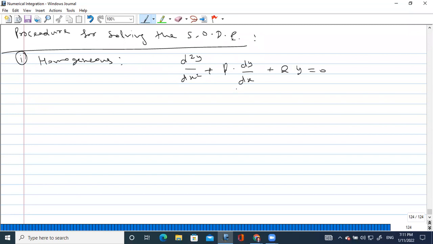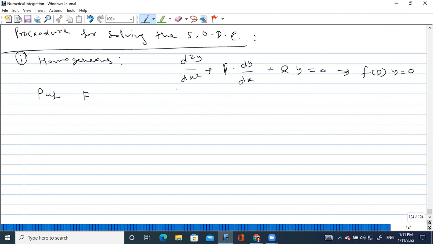So for this, what you have to do first is find the auxiliary equation. Okay, you can write this, or put it, in the form of f(D) into y is equal to 0.